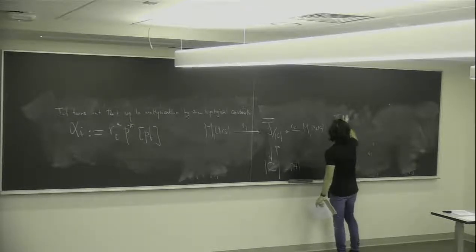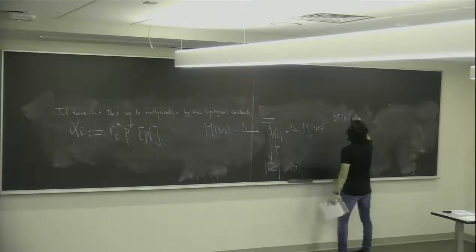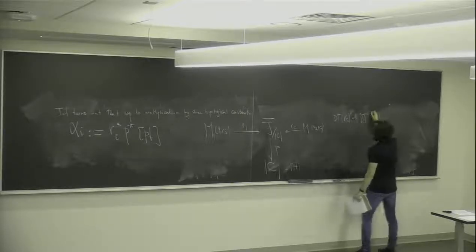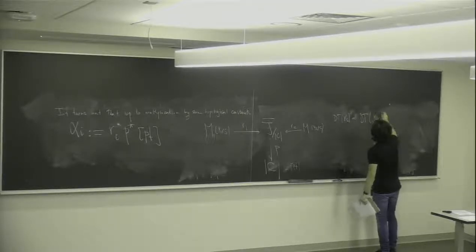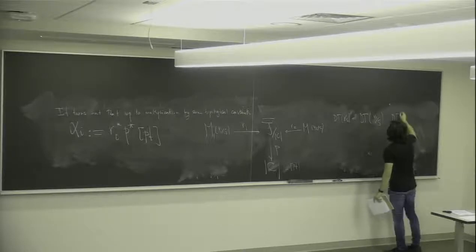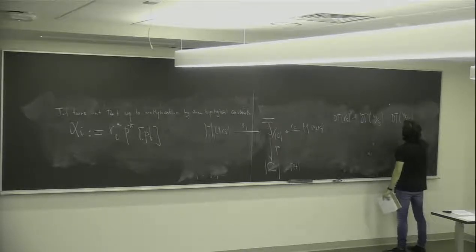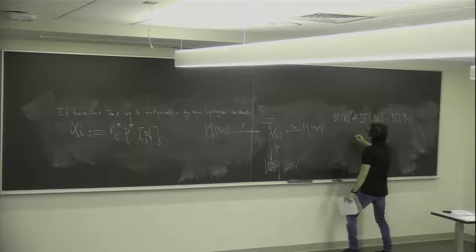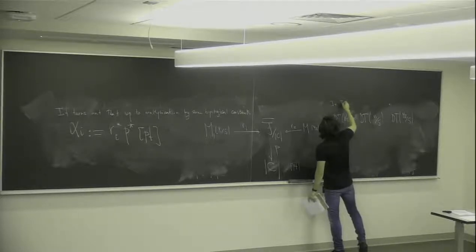In this way, the DT generating series of X is given by the DT generating series of the two relative guys, at the level of generating series.